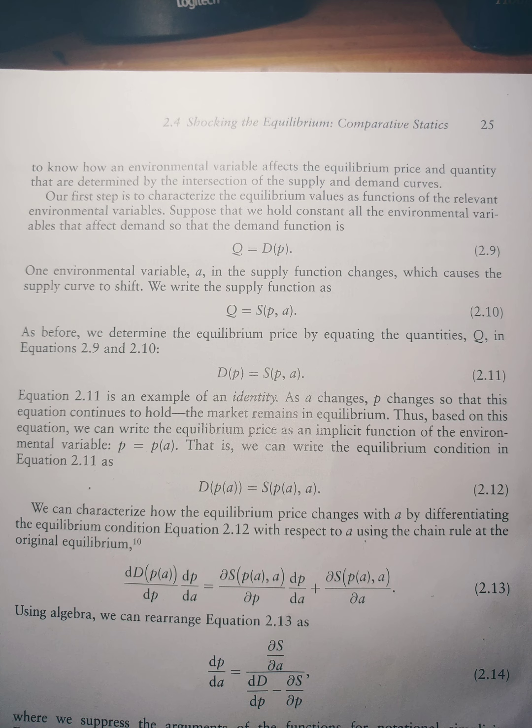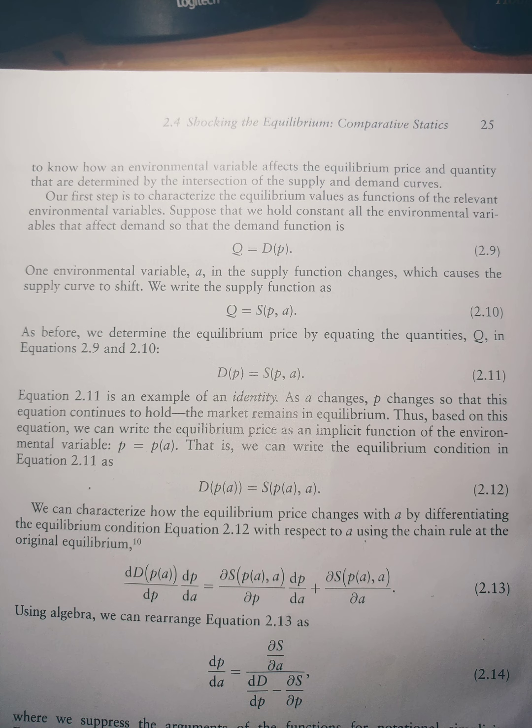We write the supply function as Q = S(P, A), equation 2.10. As before, we determine the equilibrium price by equating the quantities Q in equations 2.9 and 2.10: D(P) = S(P, A), equation 2.11.